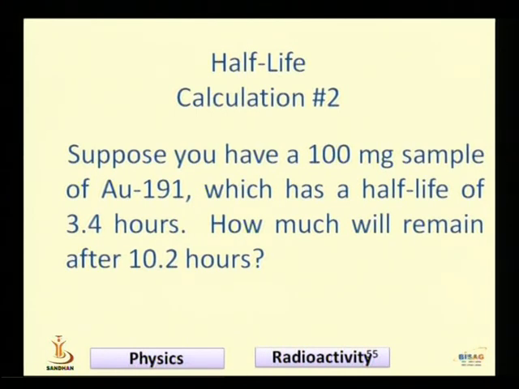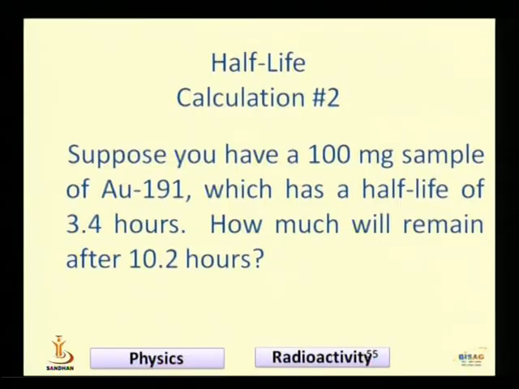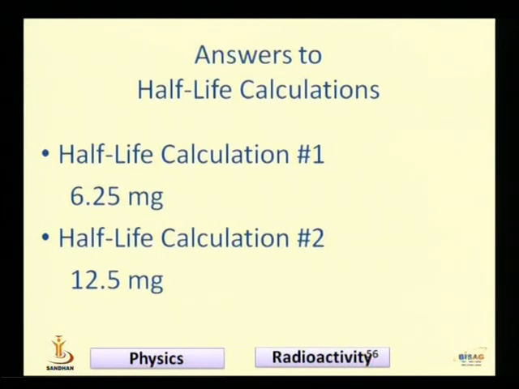After one half-life time, 100 will give us 50 milligram of the Au. After the second half-life, the 50 will give us 25. And 3.4 plus 3.4 plus 3.4 will give us 10.2 hours. So after 10.2 hours, there should be 12.5 milligram of substance in the Au form. This was the calculation of the half-life calculations.